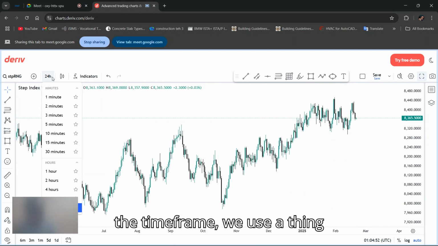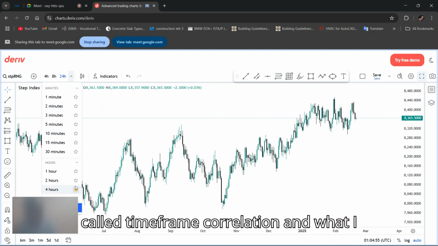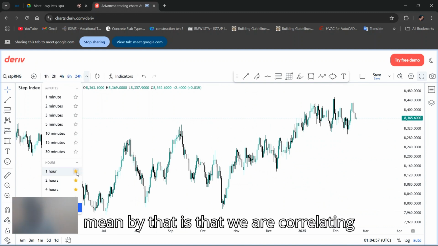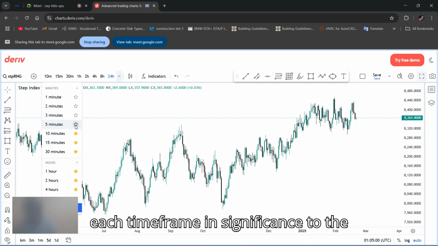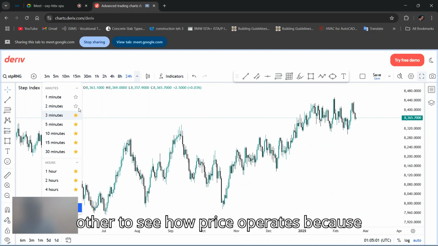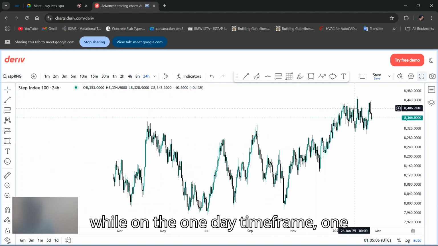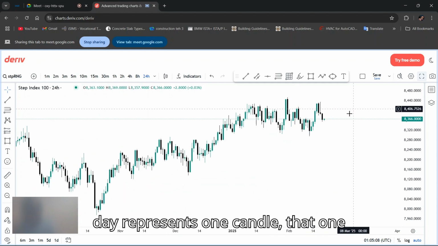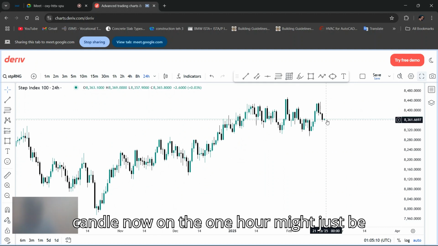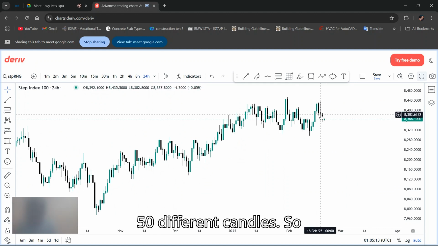All right. So before we get into it, there is something else we have to discuss about the time frames. We use a thing called time frame correlation. What I mean by that is that we are correlating each time frame in significance to the other to see how price operates. While on the 1 day time frame, 1 day represents one candle, that one candle on the 1 hour might be 50 different candles.